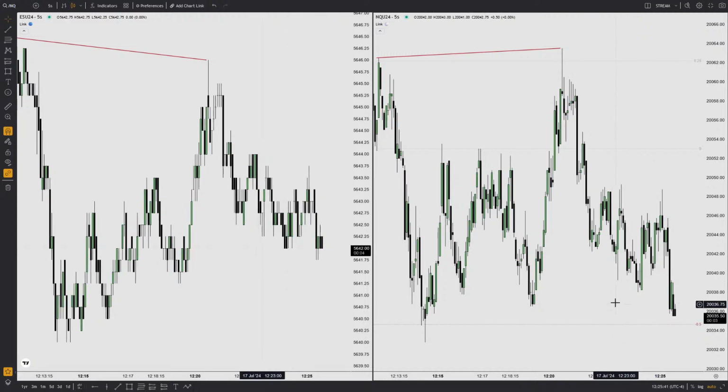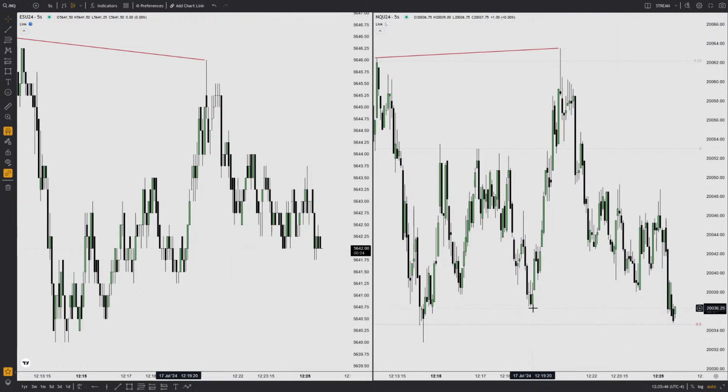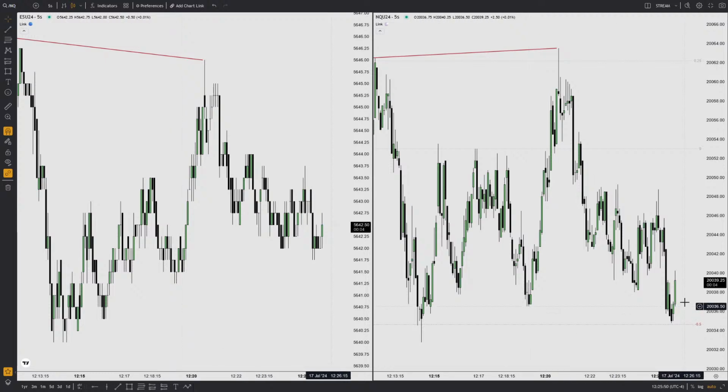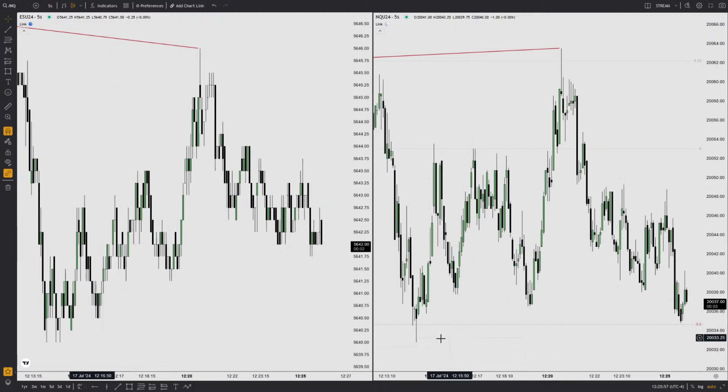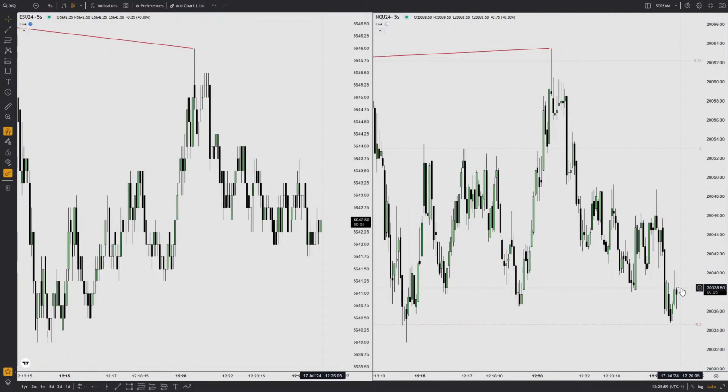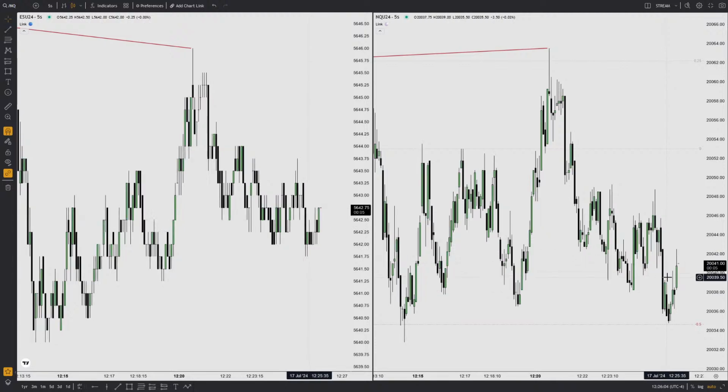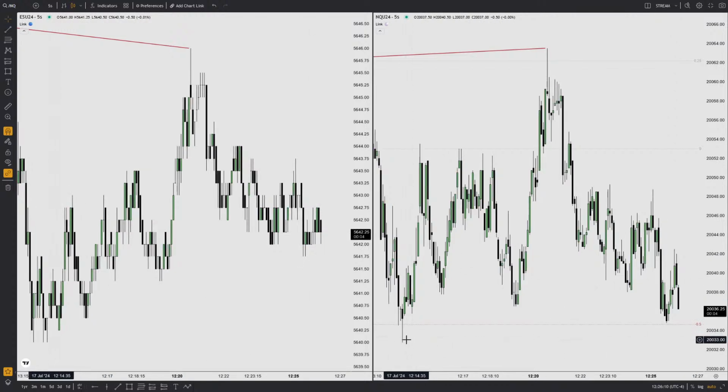Yeah, so naturally once it takes out this low, I would expect price to just teleport down into this low here. That is my expectation. Okay, so if I really want to force it, this fair value gap would be the last defense, and if it closes above, then I think this low right here is going to be left open.